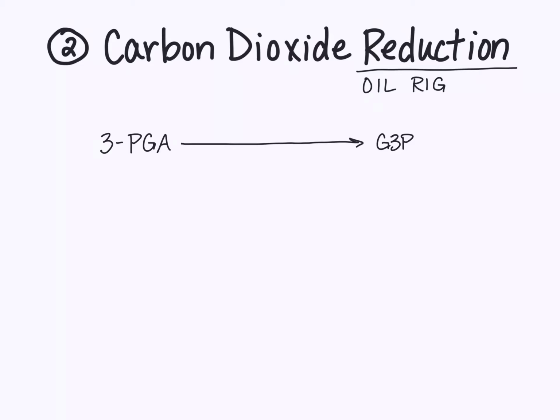And G3P stands for glyceraldehyde 3-phosphate. And if you don't remember any of the names of the other abbreviated molecules, this is one that you should probably know because it's going to show up again in future processes that we talk about.